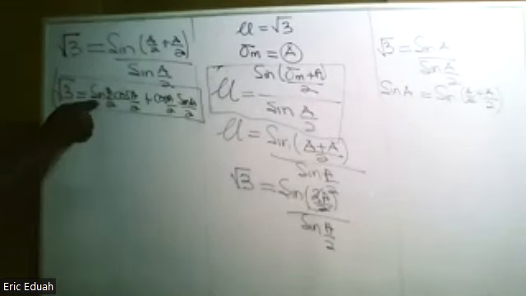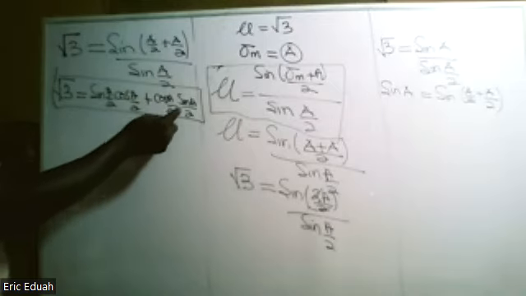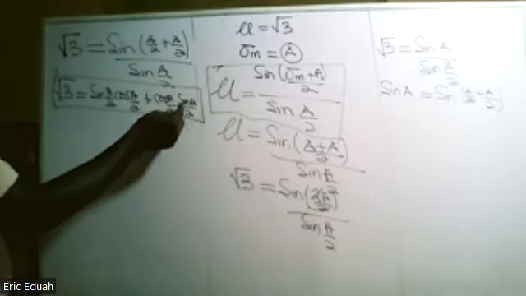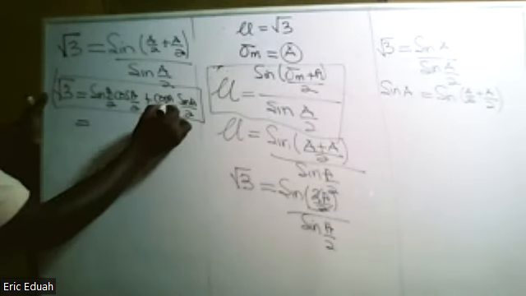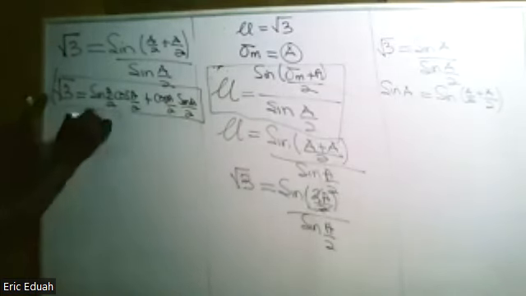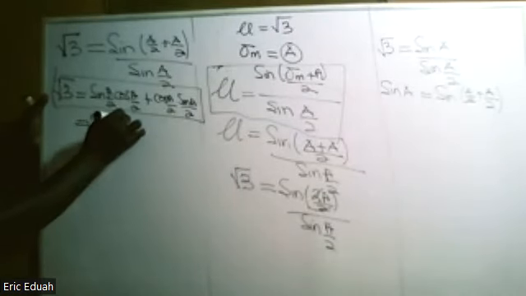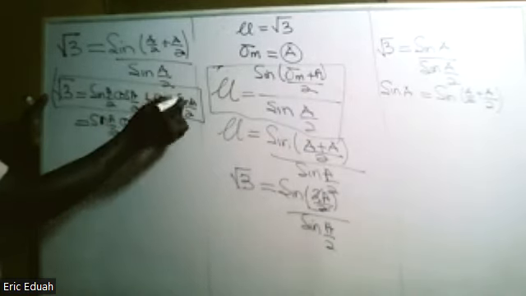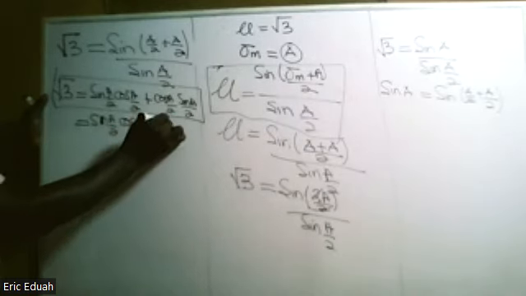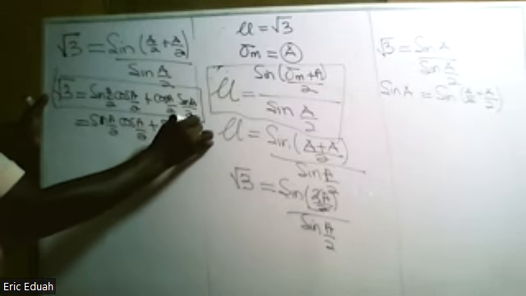So if we have sine A over 2 times cos A over 2 plus this time cos sine, then because multiplication is commutative, this part is the same as this part. So sine A on 2 cos A on 2 plus, I can bring the sine first, sine A on 2 cos A on 2.